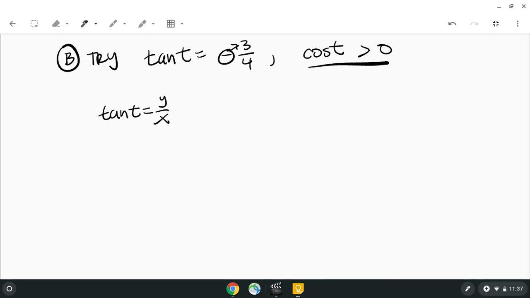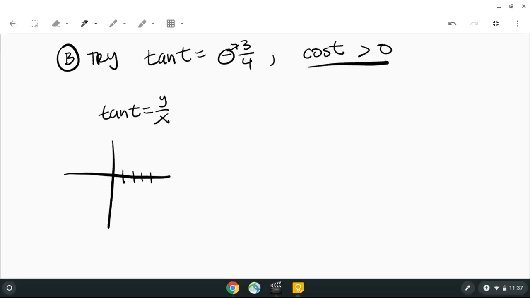Okay. All right, so we know that this is what we have. My x is 4. 1, 2, 3, 4. My y is -3. So I'm over here.